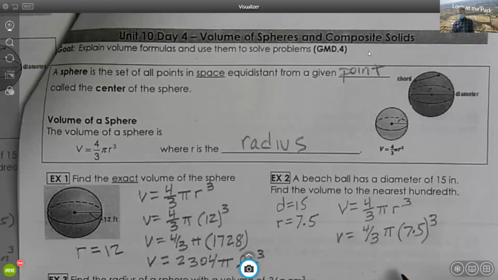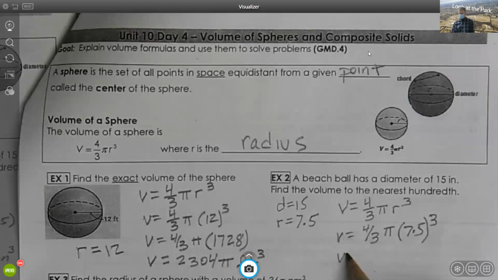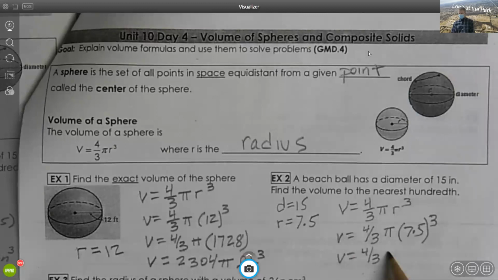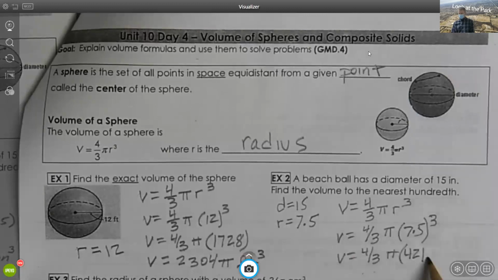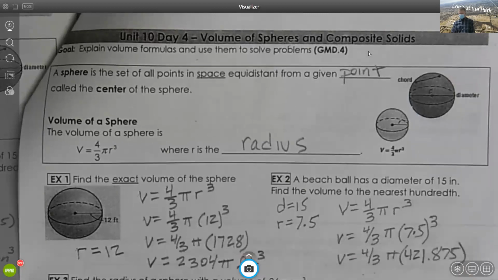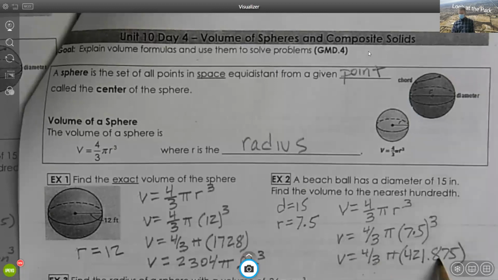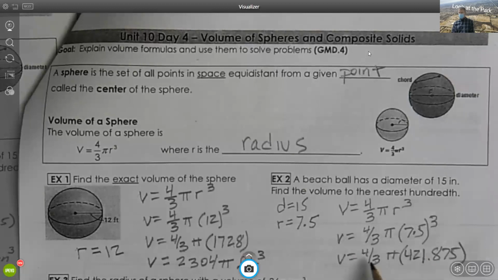And when we calculate 7.5 cubed, we're going to get 421.875. If we divide by 3 and multiply by 4, that's the nearest thousandth, by the way. That's okay because we aren't rounding our work, we're going to round our answer.